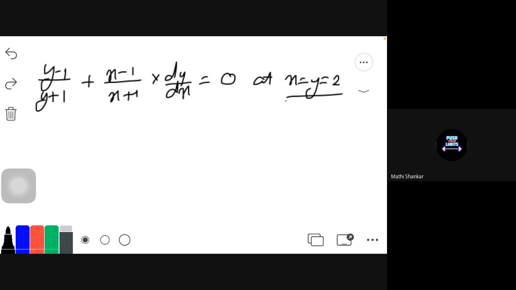So to find the solution, we need to find the value of y. The value of y can be obtained only by integrating. For integration, dy should be with y and dx should go with x. So that is what we are going to do.